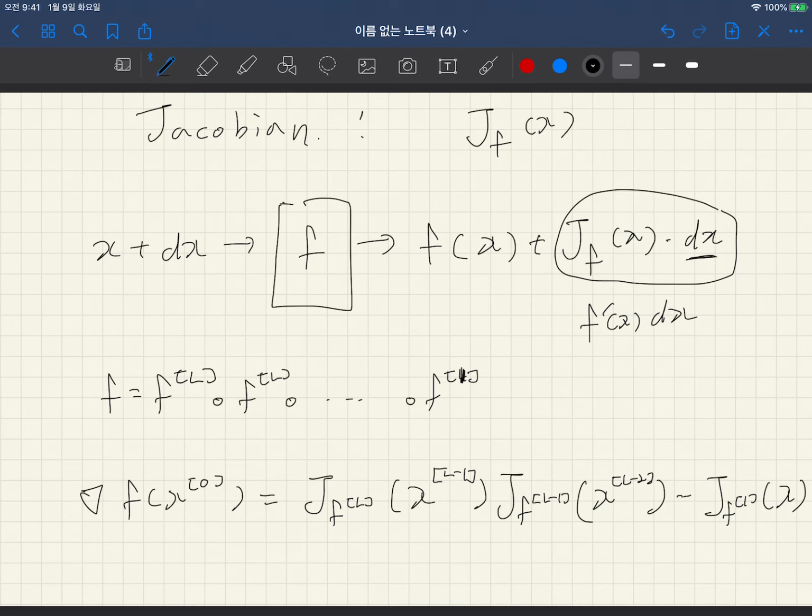That's it, which is the chain rule for multivariate input functions.